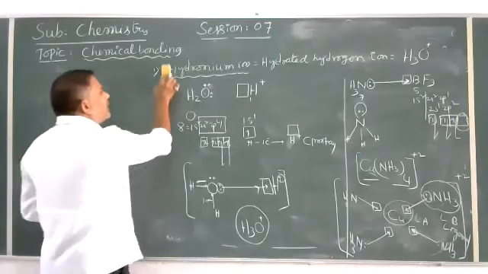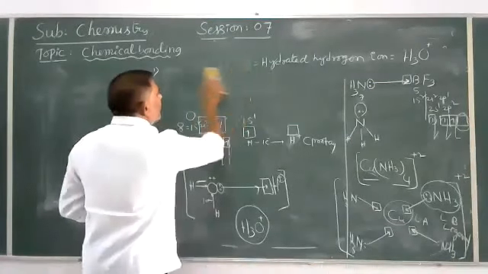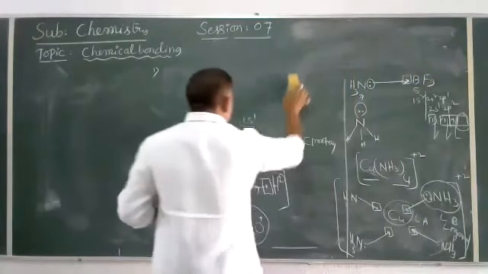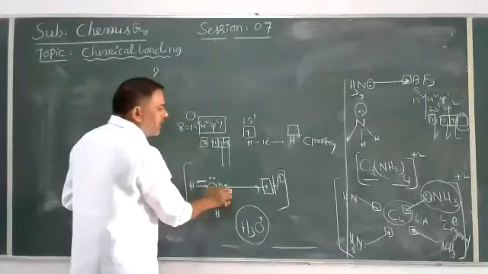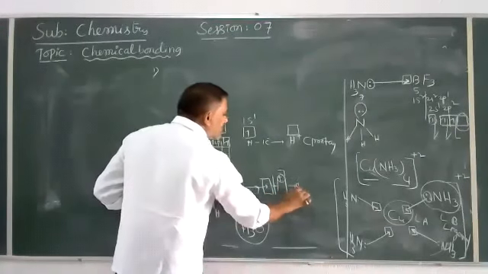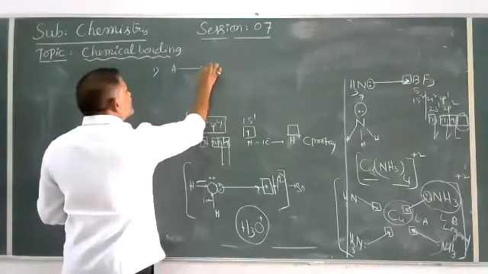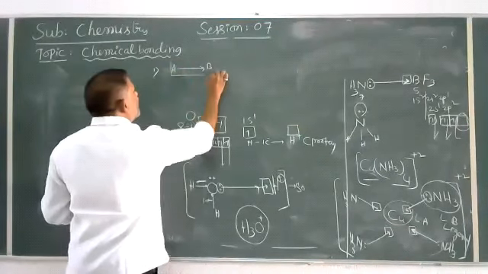Now here the dative or complex bond. Those compounds containing such bonds like the dative bond, these are generally soluble. Any compound like A gives to B, this compound is a complex compound.